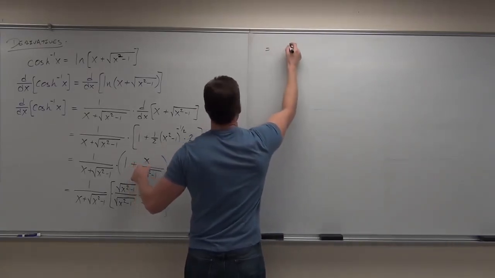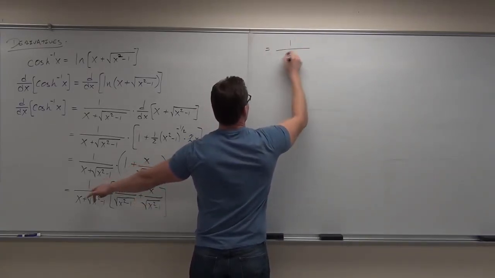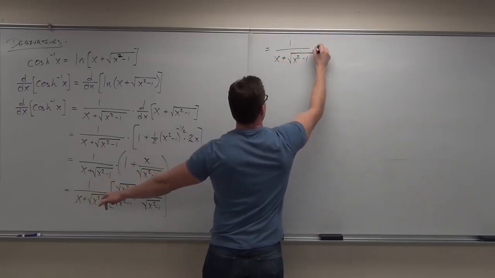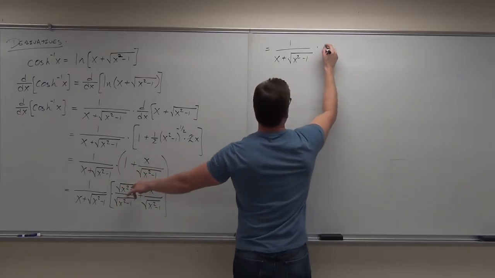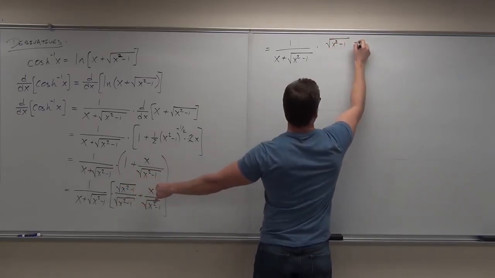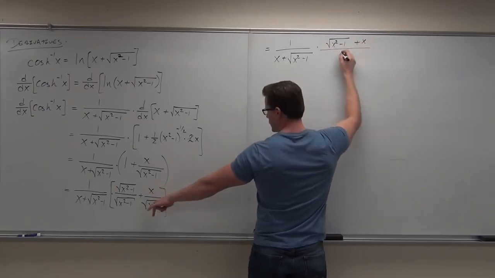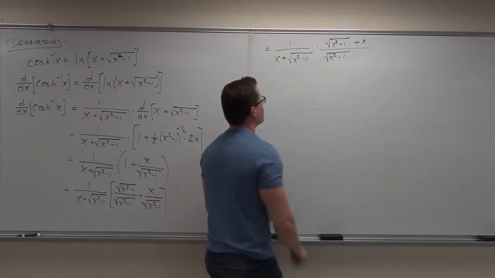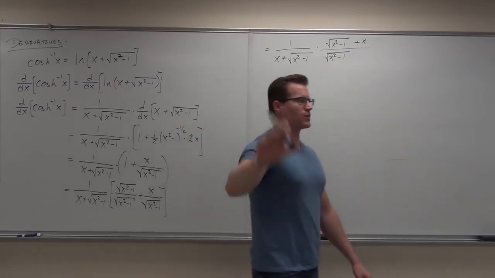So we're going to have 1 over nasty stuff times worse nasty stuff: square root of x squared minus 1, and then plus x, all over square root of x squared minus 1. Okay, one show of hands, can you follow me that far?